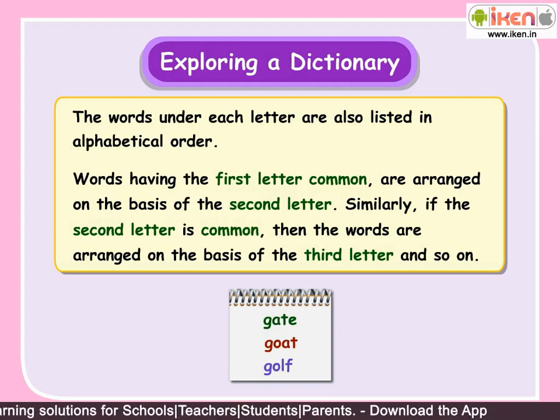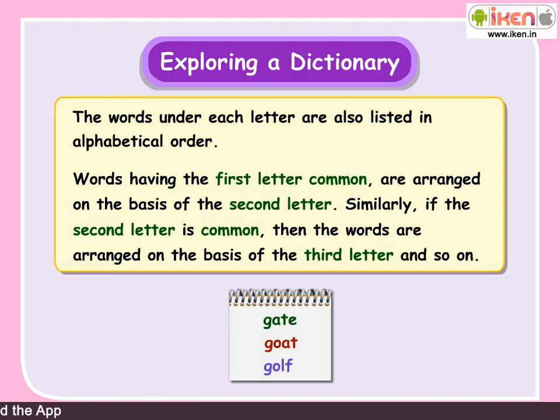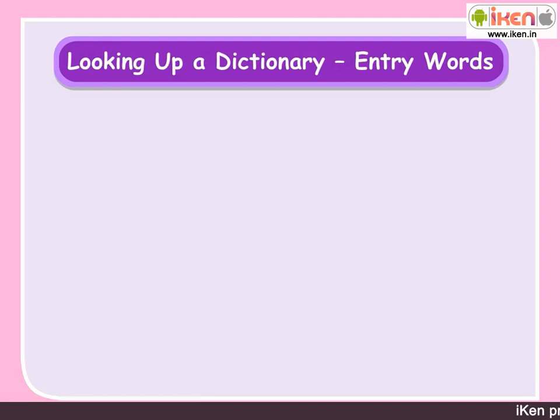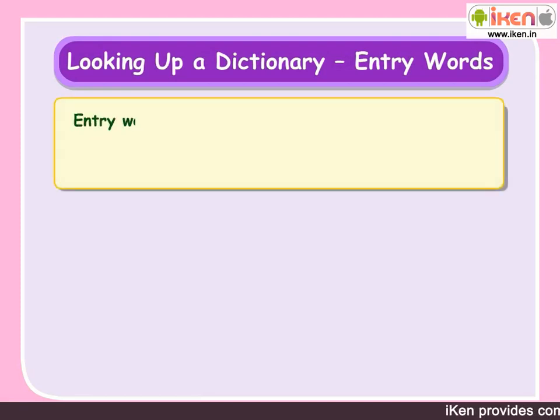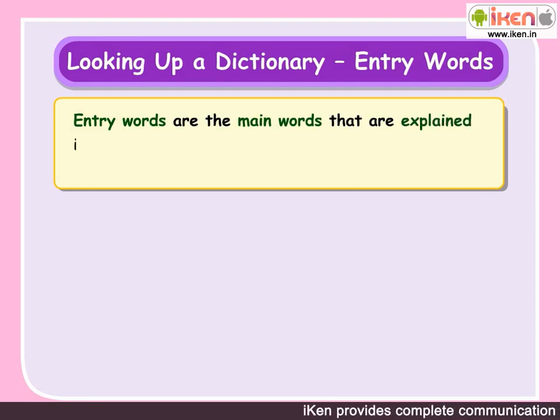Now that we have understood the arrangement of words in a dictionary, let us learn about some features that make it easier to look up a word in a dictionary. We will first learn about main entry words. Entry words are the main words that are explained in a dictionary.